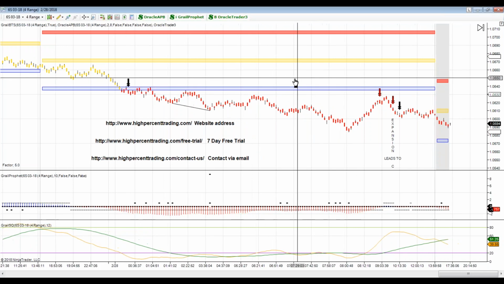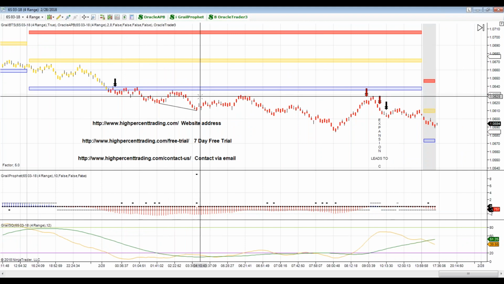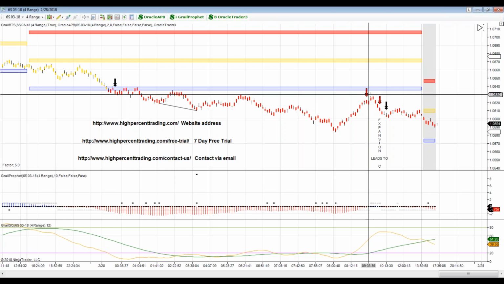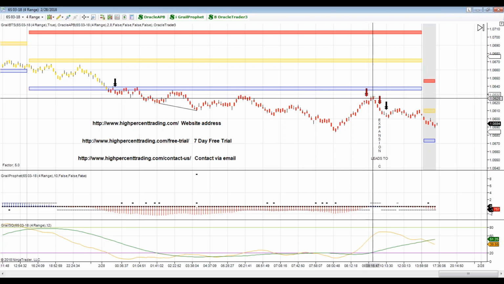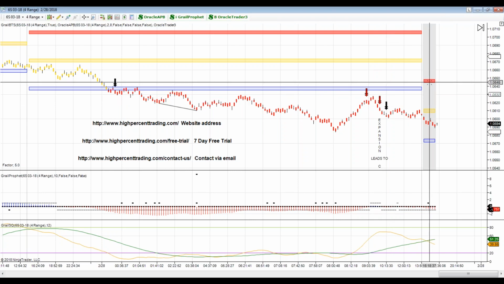And then again, as we broke below our projected buy area, stayed weak, and then triggered another series of shorts in here. Of course, the first one is always the one that you want to try to follow if you're trading.